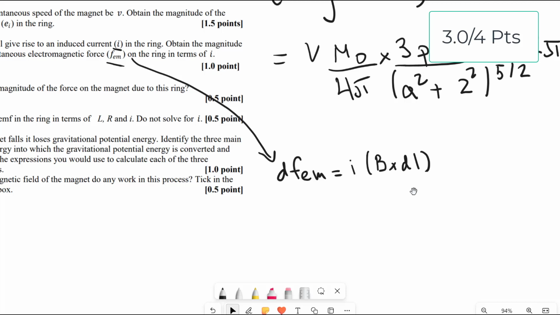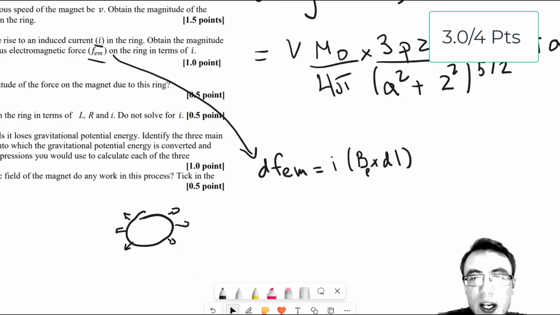Okay, now with the properties of the cross product, the z component of the field will actually just give us a force in the radial direction, but because we're dealing with a ring, this will end up cancelling itself out, because if we have a force here, force here, force here in the radial direction, the overall force is going to be 0. However, the radial component will not provide a null force. In fact, that will provide a force in the z direction, which is actually keeping or slowing the magnet down.